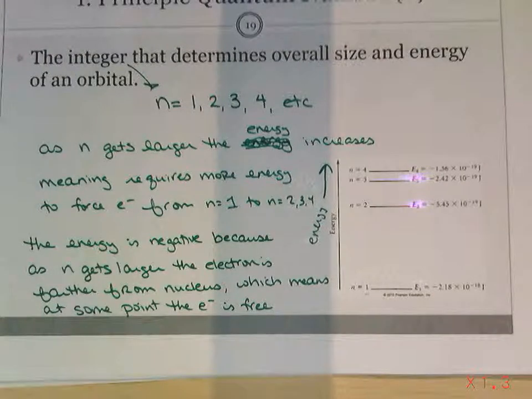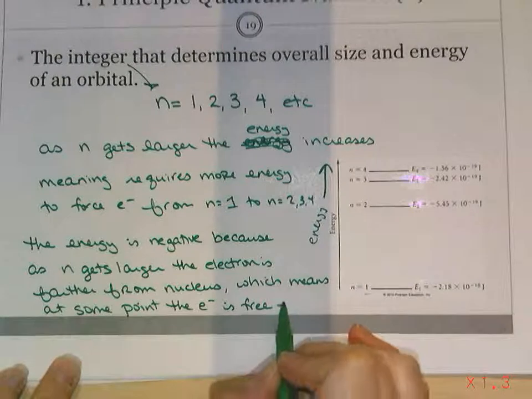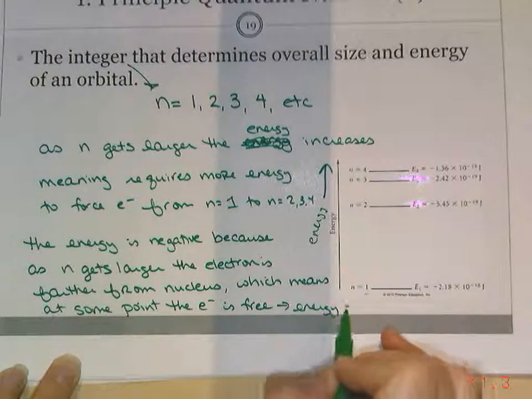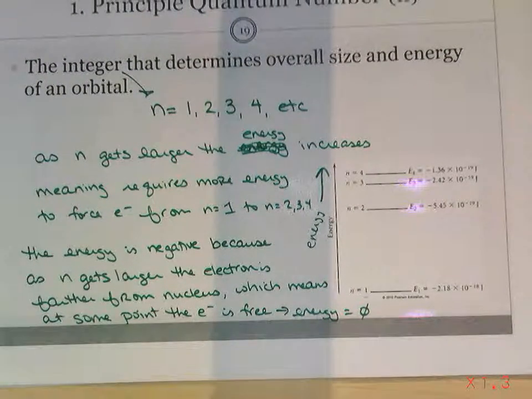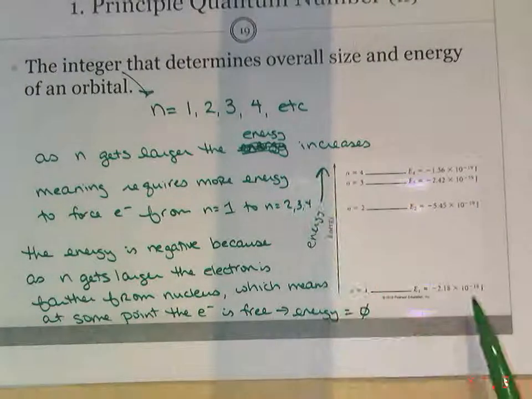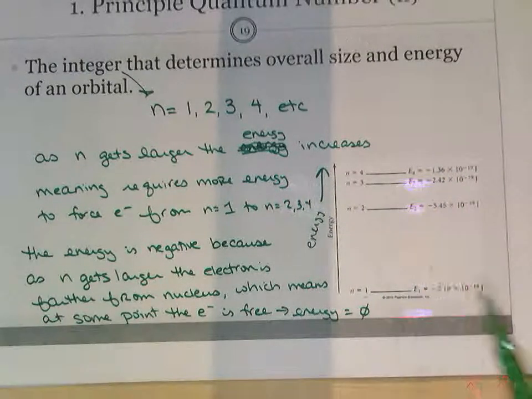It's kind of close, it's being held in by the nucleus, kind of farther, a little less interaction. Even farther than that, less interaction. At some point it's so far away you can't even tell where the nucleus is anymore. We consider that a free electron, just broke loose. Not really, but you can imagine that it broke loose. When it breaks free, that energy has to be 0, because there's no way to bring it back in. So while the energy is increasing, it's increasing more negative until you get to pretty much 0, at which point it's just loose.